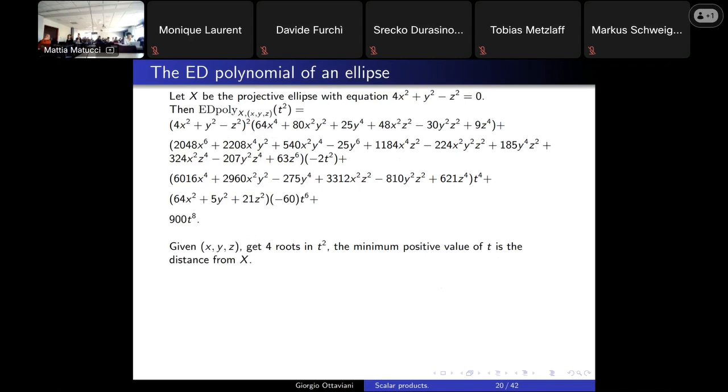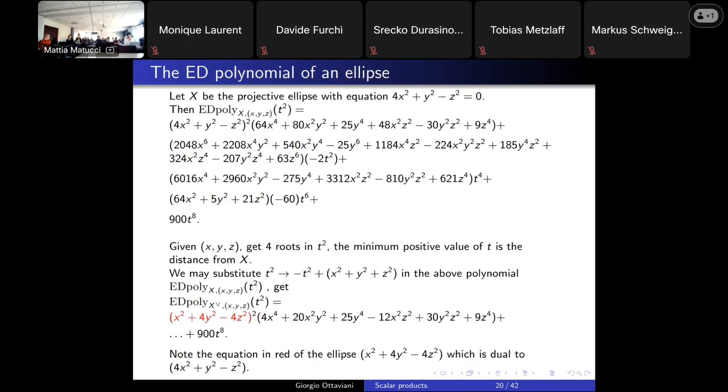Now, given x, y, z, you get 4 roots in t square, and the minimum positive value is the distance from x. Now enjoy substituting instead of t square this translation, and it is an algebraic substitution because it's a polynomial in t square.